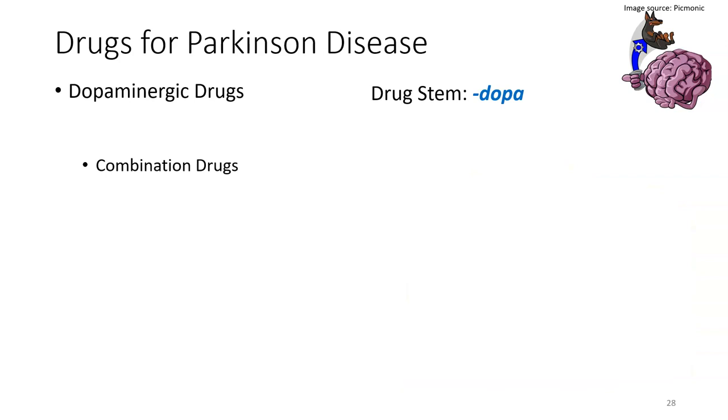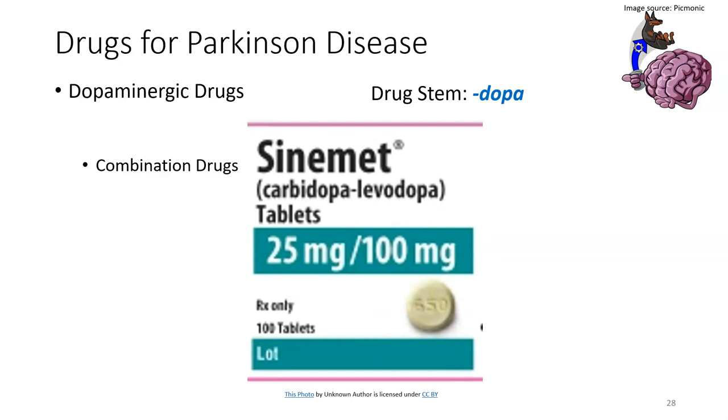Now, most often we're going to see carbidopa and levodopa together as a combination drug, and the most common brand name is Sinemet. So it's a combination of carbidopa and levodopa, and it's going to list out the strength of each of the drugs included in the combination. It comes in many strengths, so we have to know exactly which one the patient is receiving.